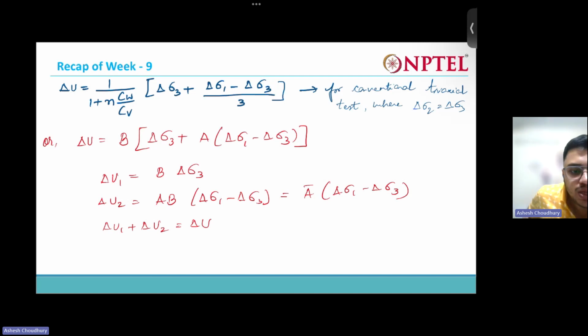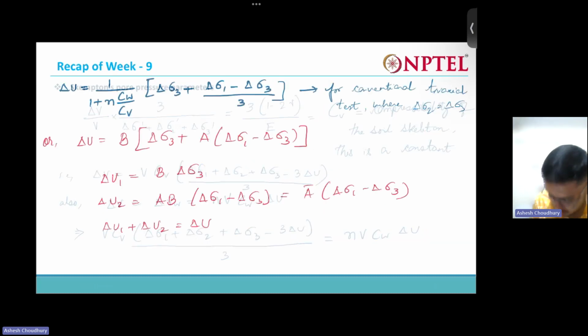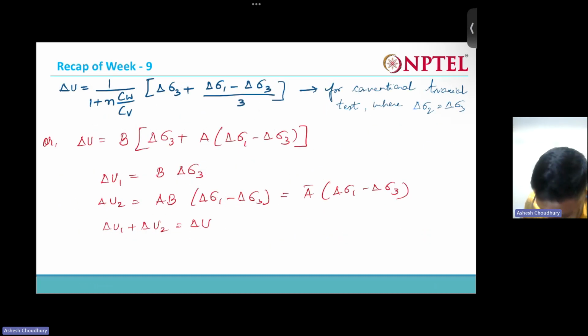Delta u1 is equal to B into delta sigma 3 in the first stage, that we learned before. Now delta u2 is equal to A into B, multiplied by delta sigma 1 minus delta sigma 3. So from this equation we are writing this as delta u1, and the other term as delta u2.